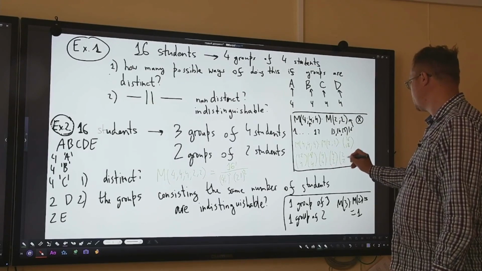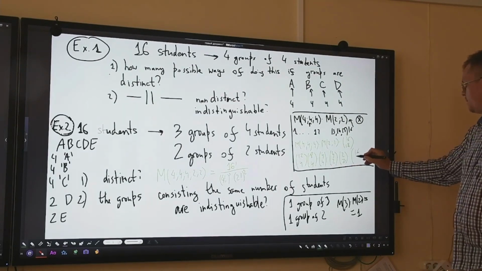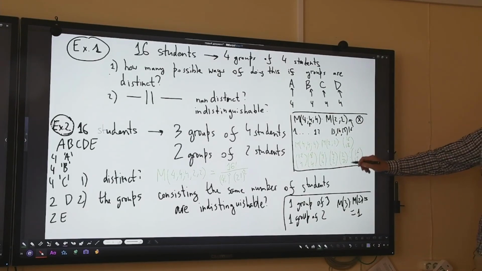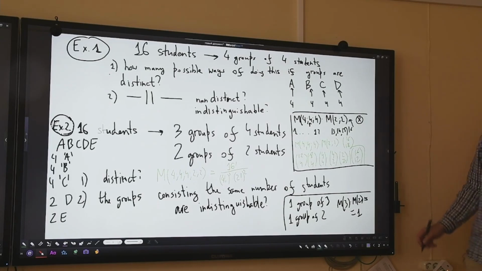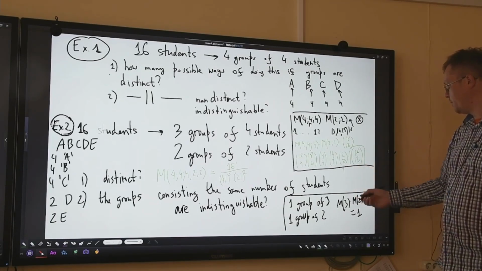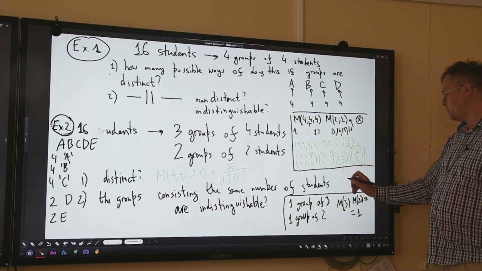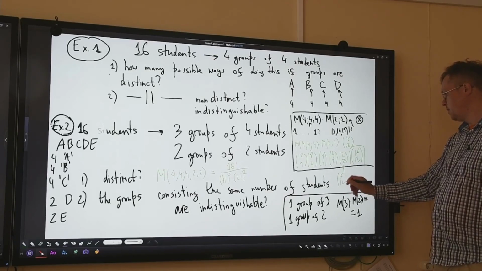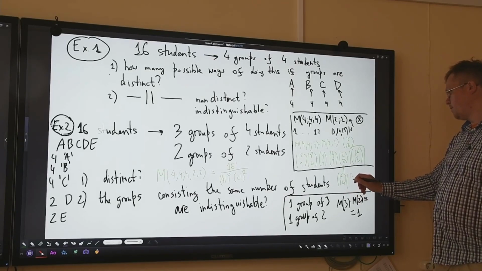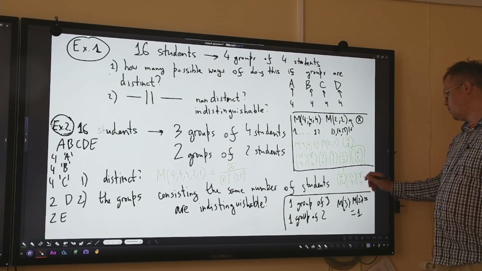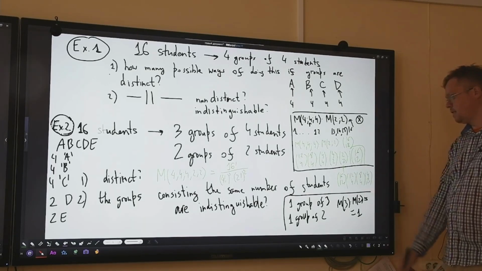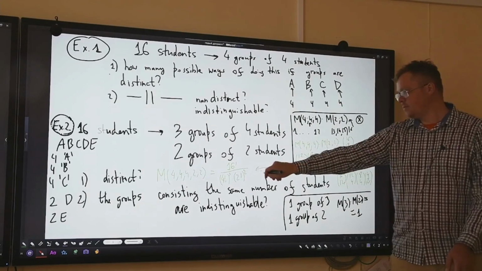So if I multiply it by 16 choose 12, I will have the same formula that I have when I proved the multinomial formula. The proposition for the multinomial formula will be 16 choose 12, 12 choose 4, 8 choose 4, and 4 choose 2. It is the same as this one.